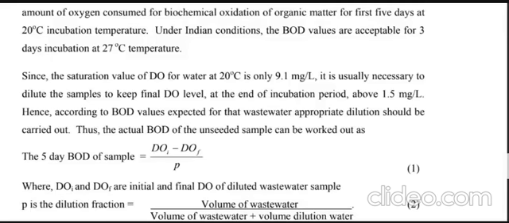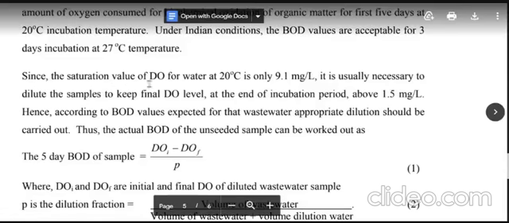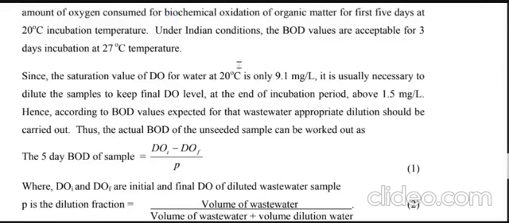So for that, what we do is dilute the wastewater. Here it is mentioned that the saturation value of DO for water at 20 degrees Celsius is around 9.1 milligram per liter. It means the saturation point. After that, it is not possible to dissolve more oxygen into the water at 20 degrees Celsius.